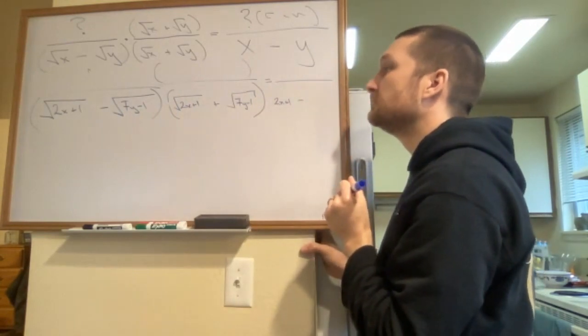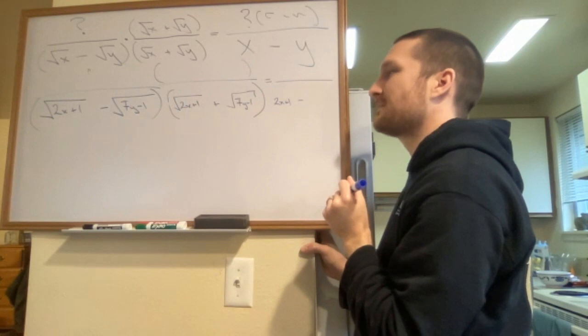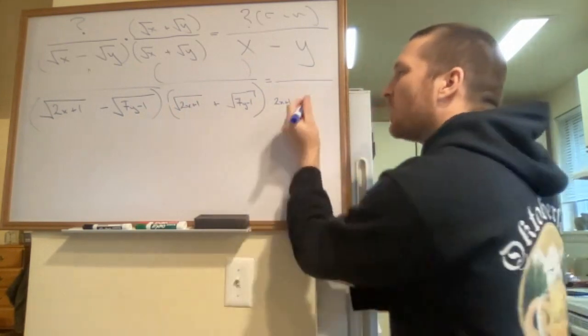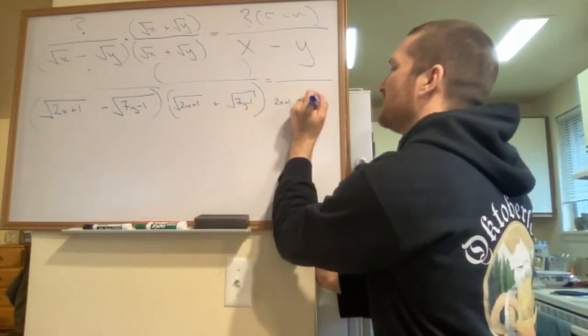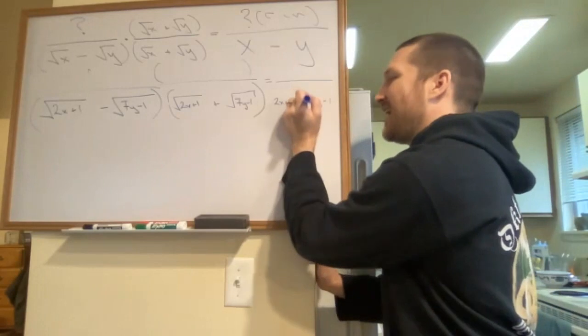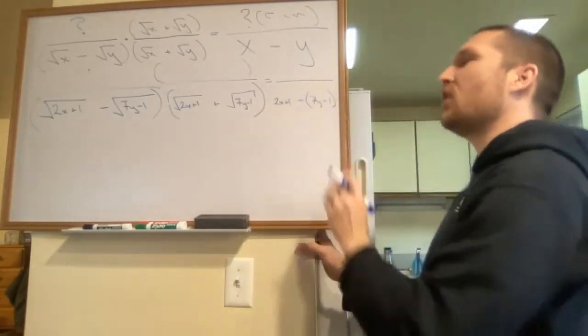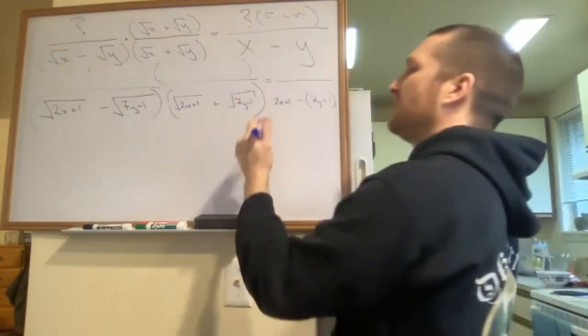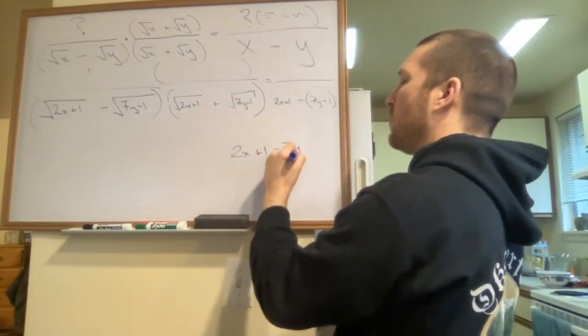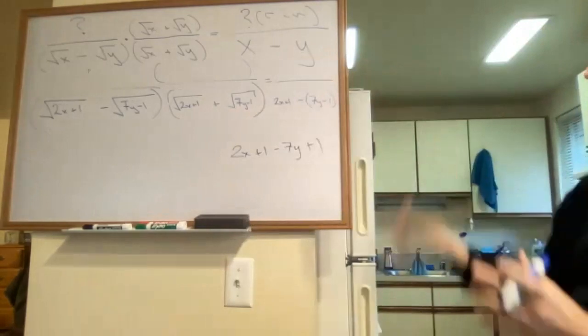Is that a minus 1? Yeah, and so here's the thing: we don't want to just write minus and then 7y minus 1. You want the parentheses. There you go. And so then we'd say, okay, that's 2x plus 1 minus 7y plus 1, and we distribute that.